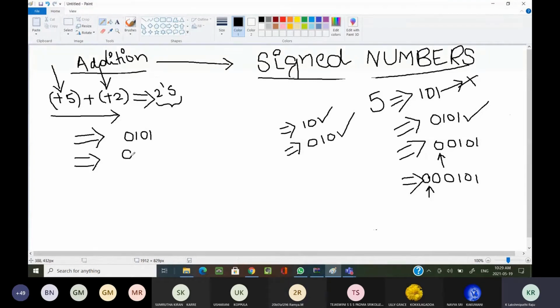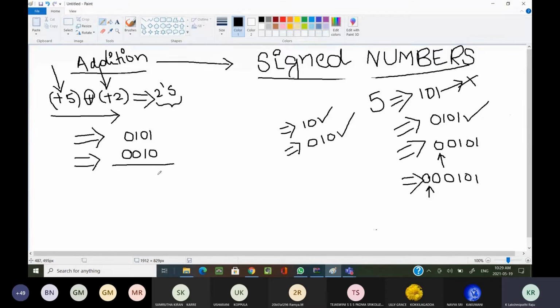I am considering it as a 4-bit representation. Why? Because we have already learned one important point: whenever we are performing addition or subtraction, both the numbers should contain the same number of bits. I hope you are getting my point. Now you can do your normal addition. Here the operation we are going to perform is addition only.